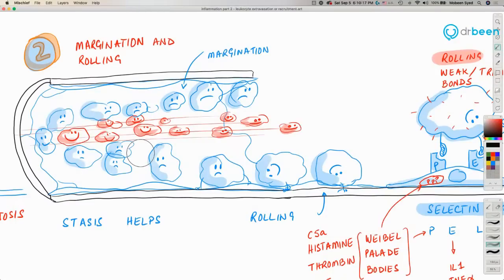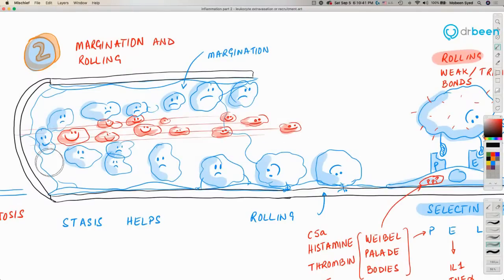Hematocrit means the percentage of red blood cells in a given amount of blood. So when lots of fluids have come out, the relative density of the red blood cells increases in that area. Now, red blood cells are small. So what they do is they kind of push their way through the blood vessel in the center.